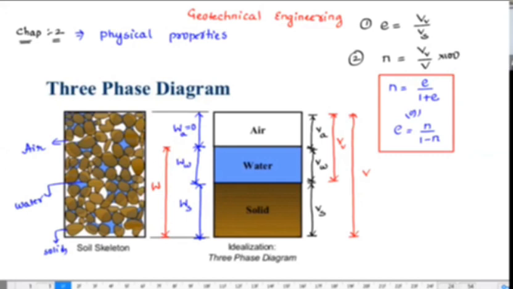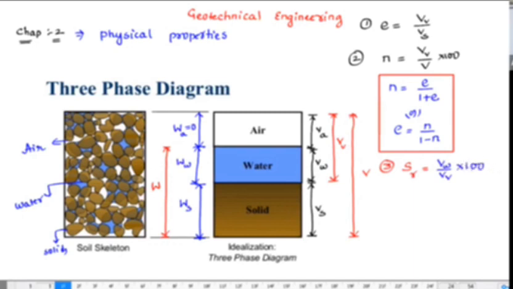So first, basically with respect to the voids, and then coming to the third one, degree of saturation. How much water is present in the voids, which means VW by VV into 100.